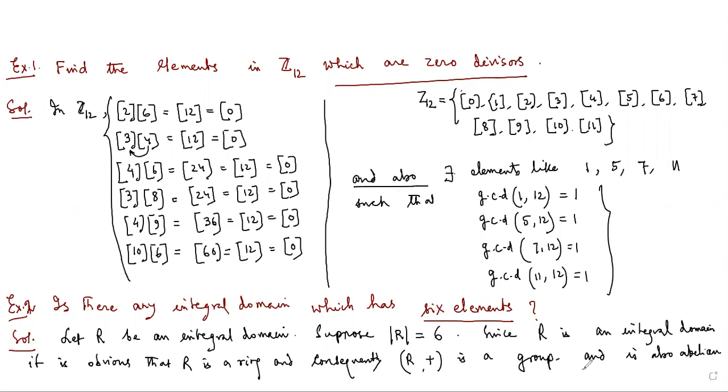Because it is a ring, (R, +) is definitely a group, and not only a group, it is an abelian group. Because R is a ring.